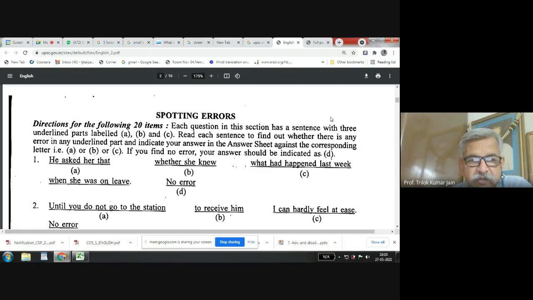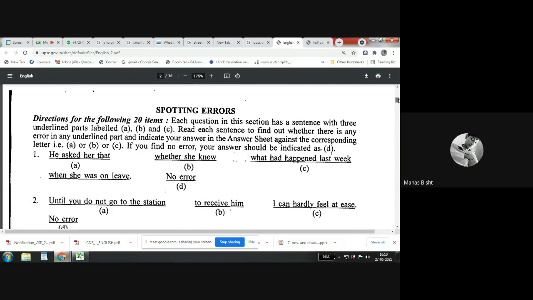He asked her that whether. Now that and whether together cannot be used. He asked her whether she knew what had happened last week when she was on leave. So the correct answer is remove that. If you remove that, this sentence will become correct. So answer is A.